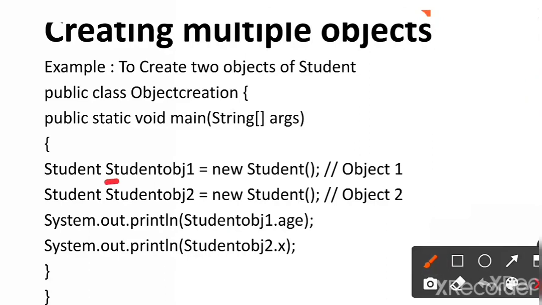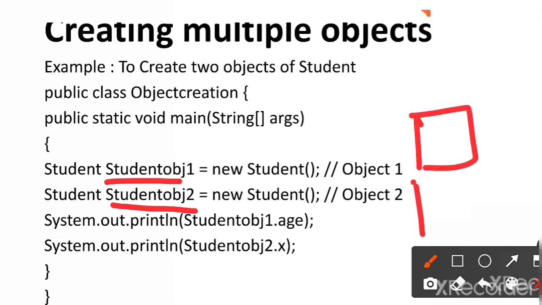Here both the objects, student object1 and student object2, will have a separate memory block for storing the variable values. Variable values means the property values, which are nothing but the data members of a class. Here for the student class, we have data members like name, age, roll number and combination. So those values will be stored in this memory block that has been allocated for that object.